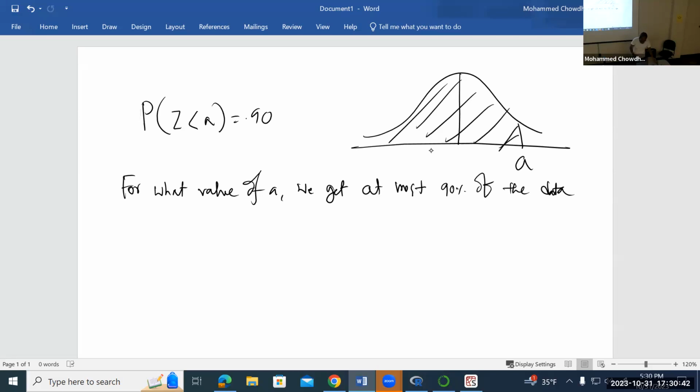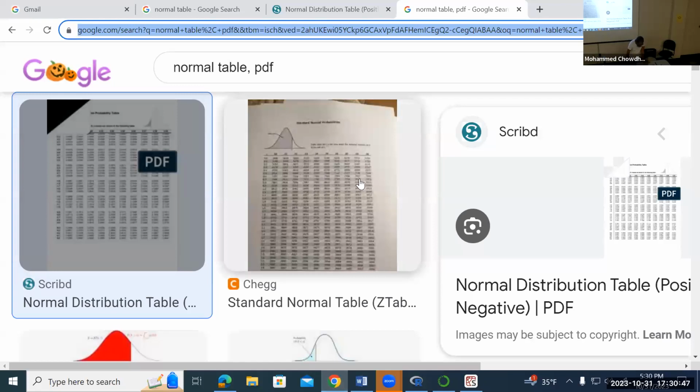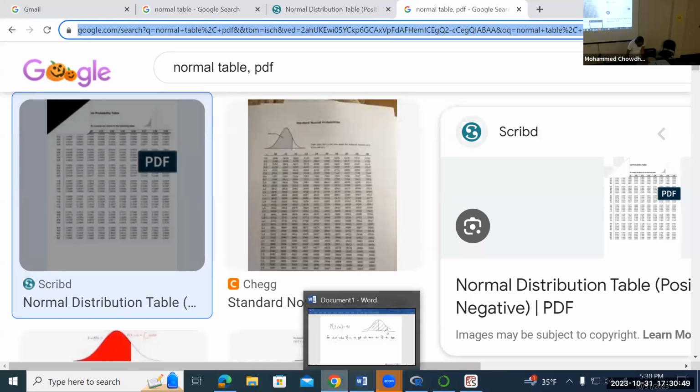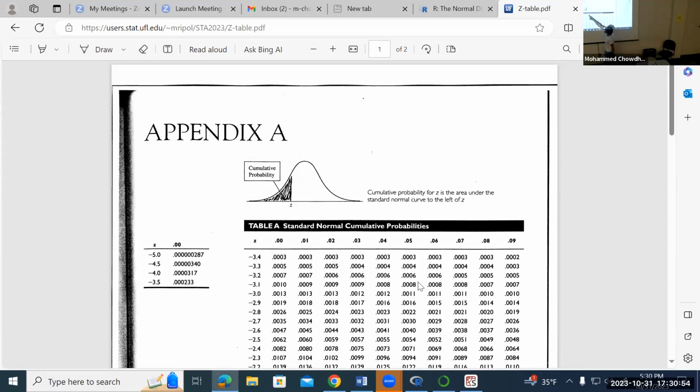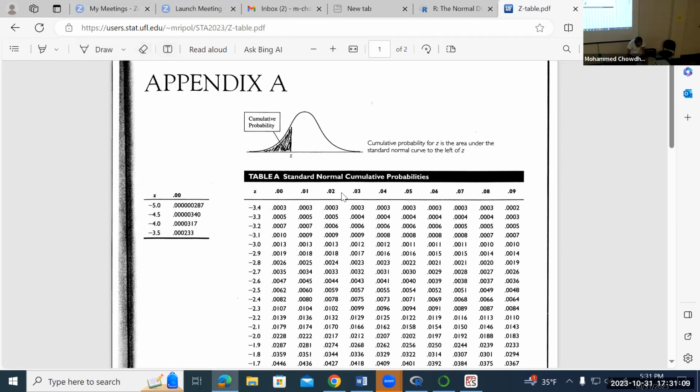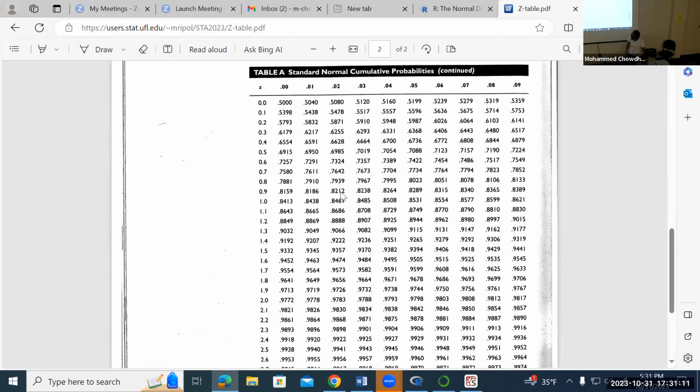Now let me show you the paper and pencil approach that we use. 90%, right? Where is my table? Here, 90%. It is always coming from here all the way. I want to find 90% from there, and corresponding to that, I will find the Z value. Let us find the 90%.